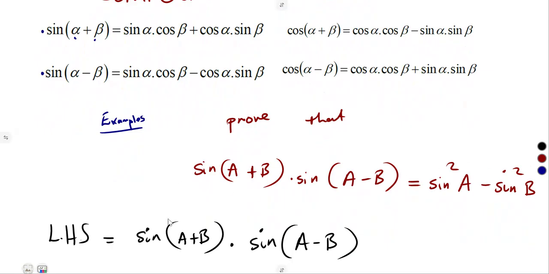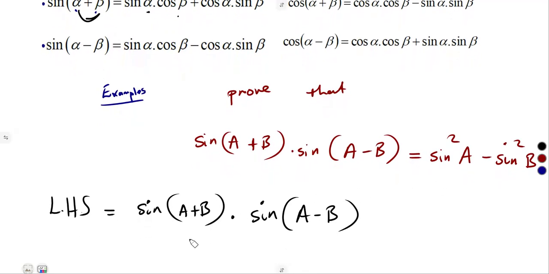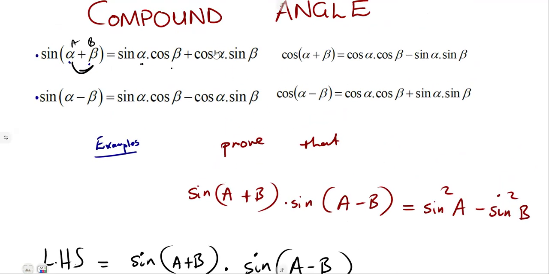So sine of a plus b is just the same as alpha plus beta, so it's going to be sine alpha cos beta. That's sine a cos b, then the plus as it is, we're going to have cos of alpha, sine, which is interchanging.